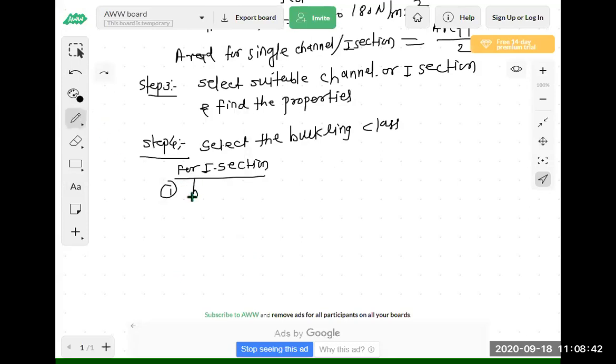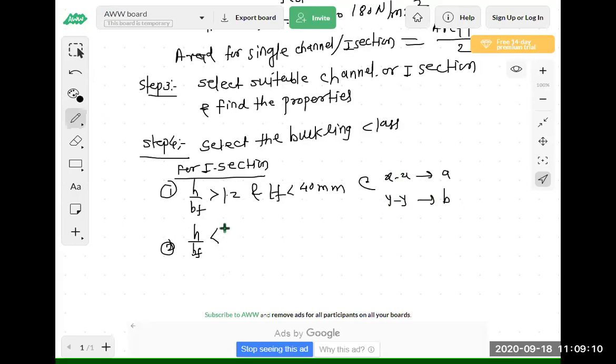In the last problem we selected: H by BF is greater than 1.2 and TF is less than 40 mm. Then about the x axis it will be A, and about the y axis it will be B, correct? For the second case, H by BF less than 1.2, and here two conditions are there.